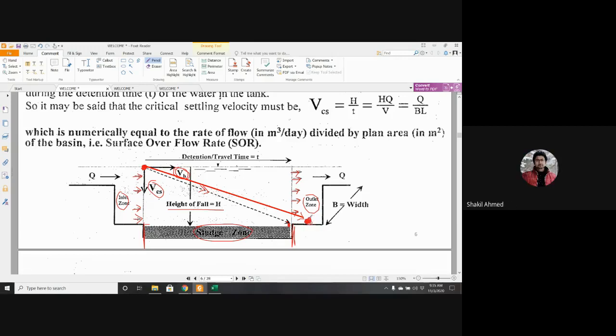Yes, sir. That means you will still get this particle in the outlet zone. It didn't get removed. This is still in your water, which means your particle has not been removed, because it's still in the outlet zone here.